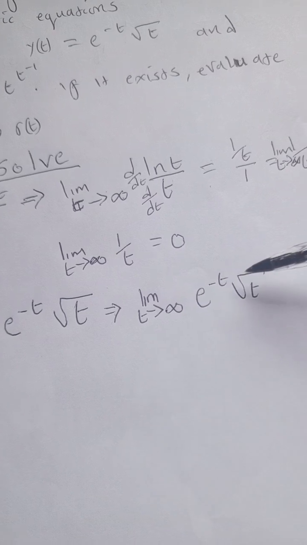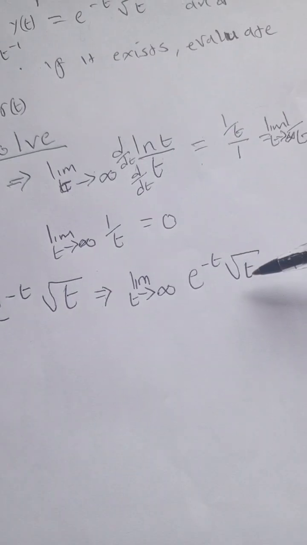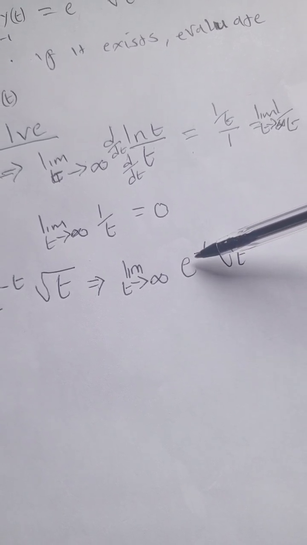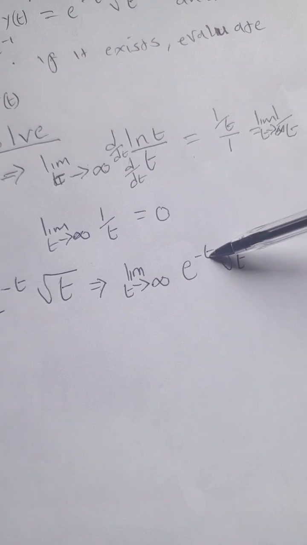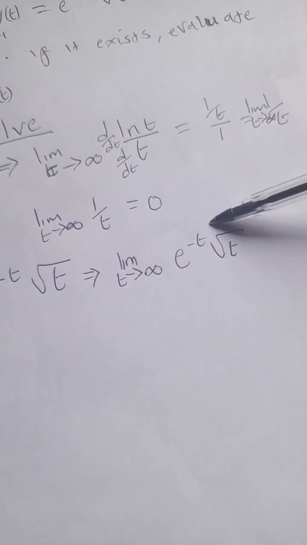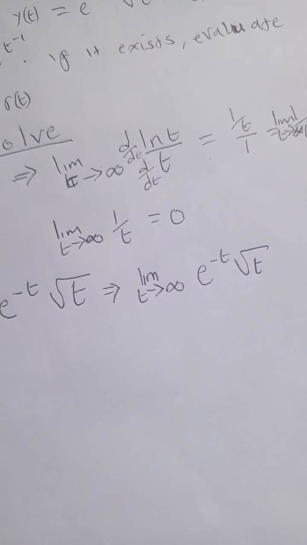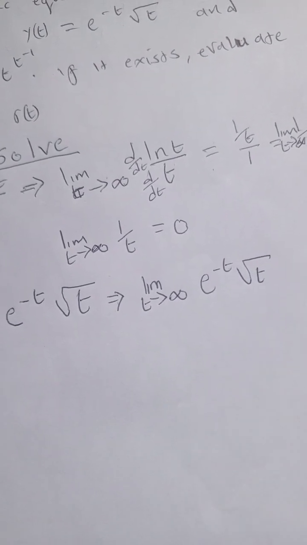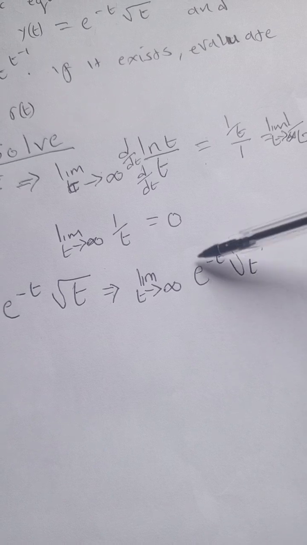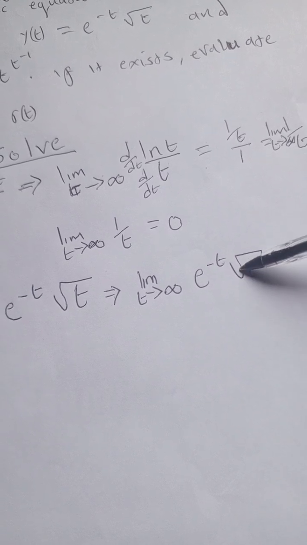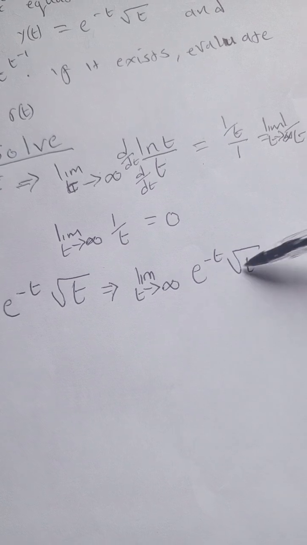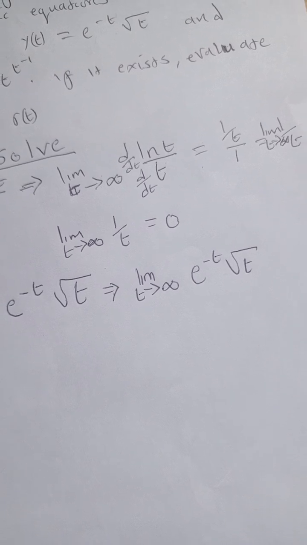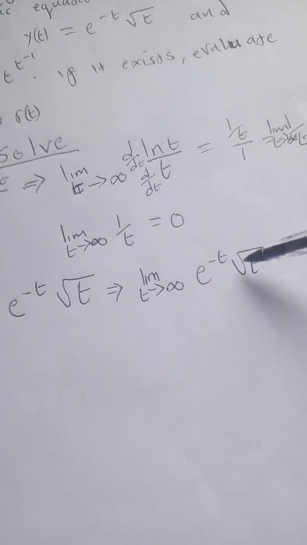When we plug infinity in for t, exponential to the power negative infinity gives us 0. Root of infinity, root of a very big number with no bounds, ever increasing, still gives infinity. So it will be 0 multiplied by infinity, which is indeterminate.